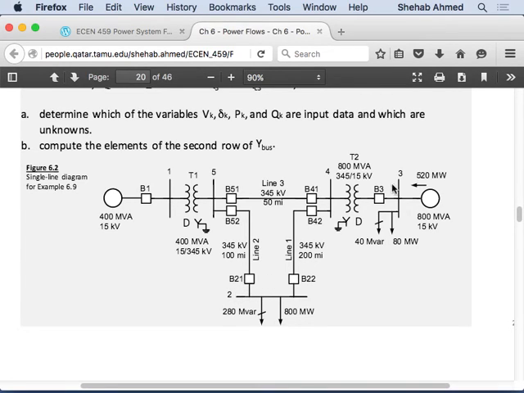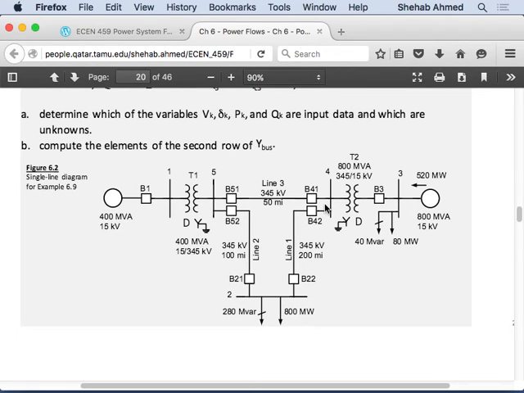And 1 and 3. Anything else? 3 and 1 also. Yeah, 1 and 3 is 3 and 1, right? So 1 and 3 are not directly connected. What about 1 and 4? So somebody take note of those. 1 and 4 is also not directly connected, right?